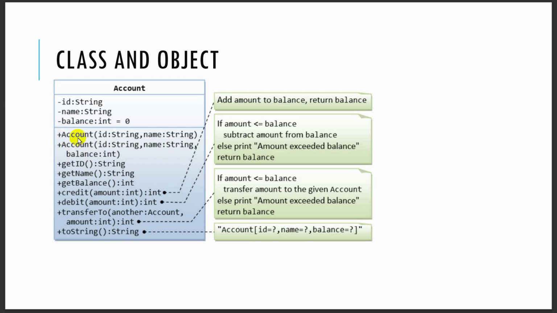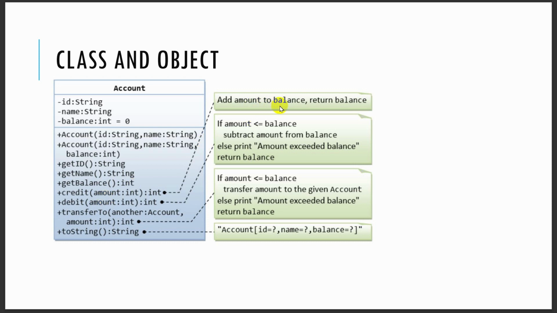But you can also create one that has no parameter. So in this case, we have only two constructors. And we have the functions getID, getName, and so on and so forth. Those are functions performed on the data in the Account class.